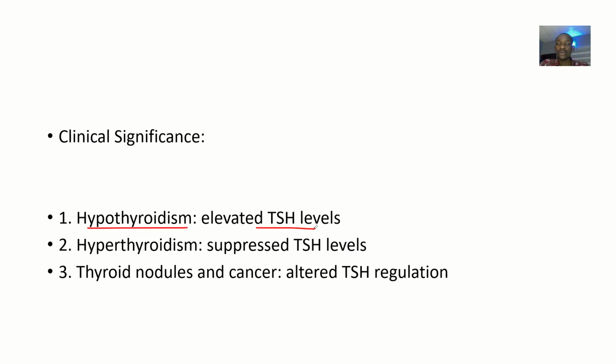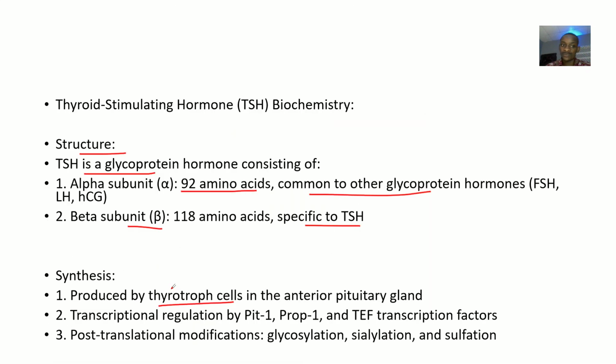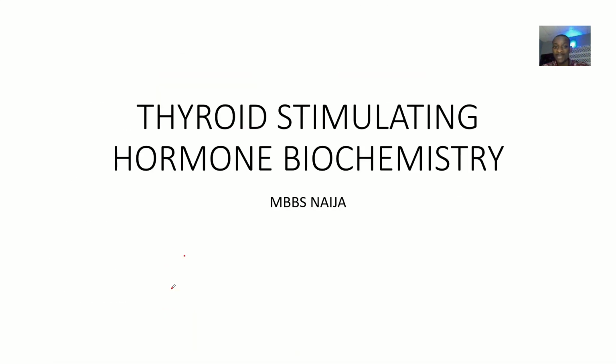So you have a lot of thyroid stimulating hormone that is not able to act on the thyroid gland to produce thyroid hormone. So the levels will be increased. In hyperthyroidism, there's too much thyroid hormone in the body, so TSH is not needed, and the levels will be low. So I think that's it for thyroid stimulating hormone biochemistry.